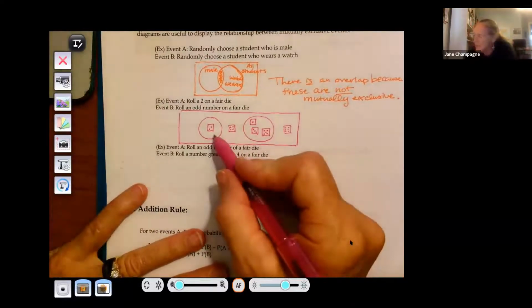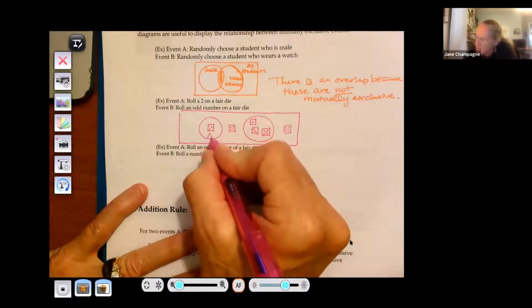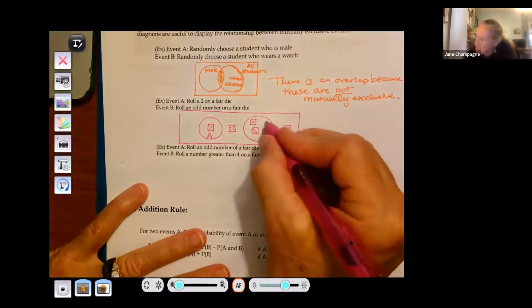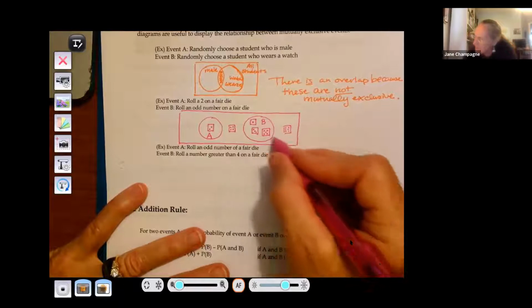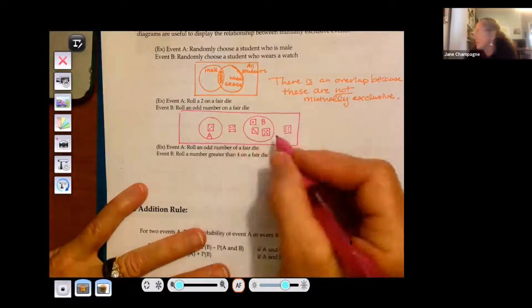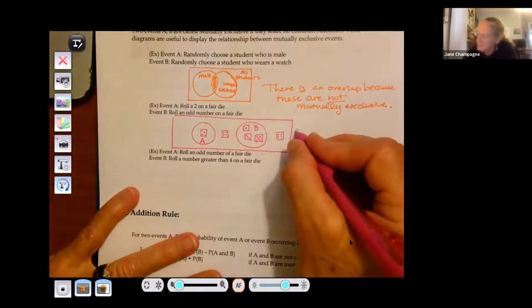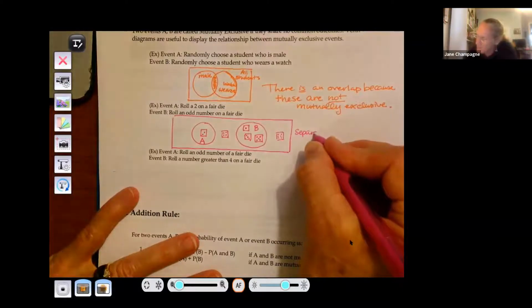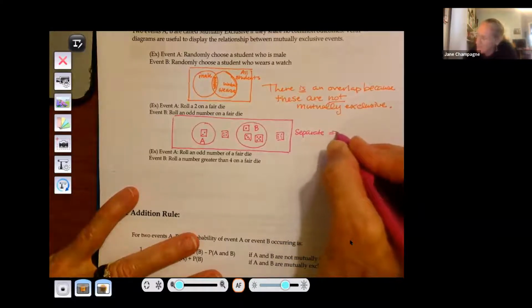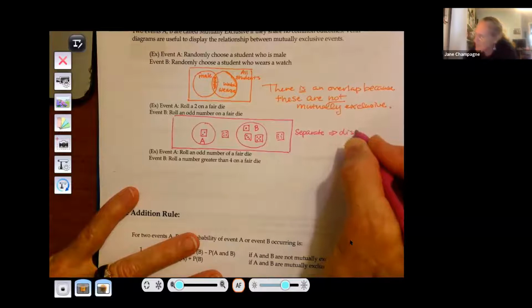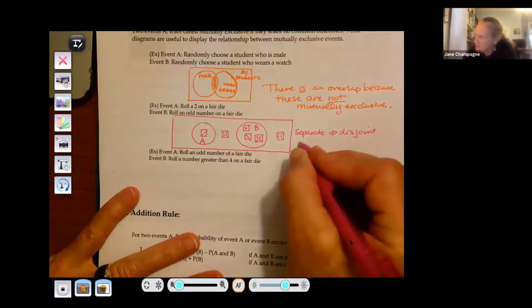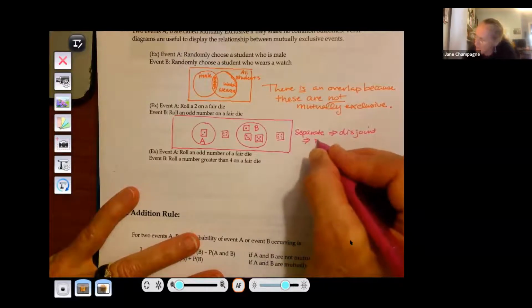So this set, this is event A here, rolling a 2. This is event B here, rolling an odd number. Those are separate, right? So since they are separate, they are disjoint, and that's what we mean also by mutually exclusive.